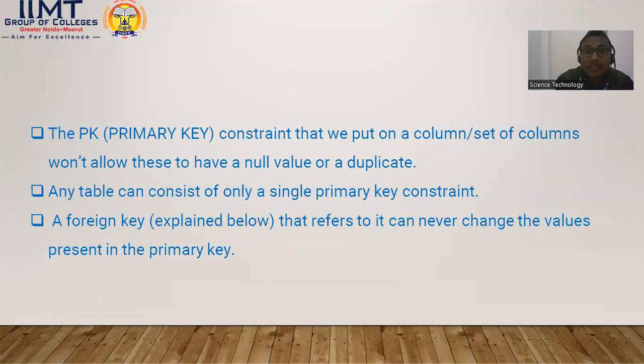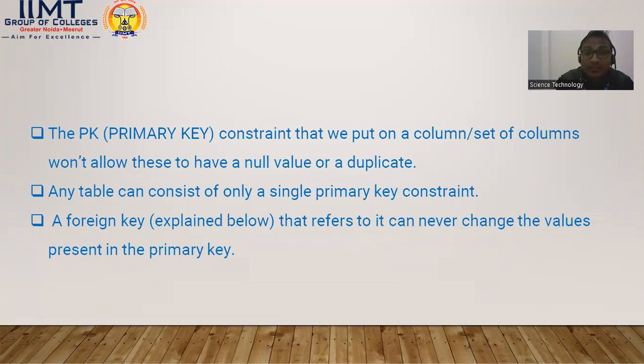The primary key constraint that we put on a column, set of columns, won't allow these to have a null value or duplicate. Primary column does not allow the duplicate value and null value. It means 0 or blank. The primary key attribute did not allow the null value or duplicate value.